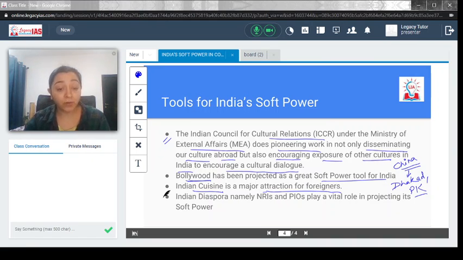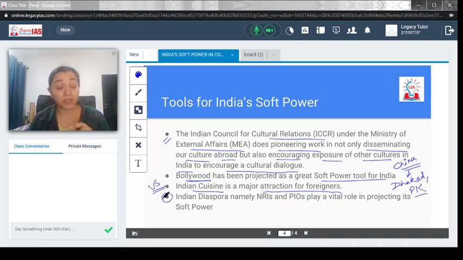And finally, one very important factor: in the US, we just saw that the vice president was a lady whose mother was of Indian origin. So you can understand the kind of influence the Indian diaspora can have over the diplomacy of other countries while lobbying from inside the country.